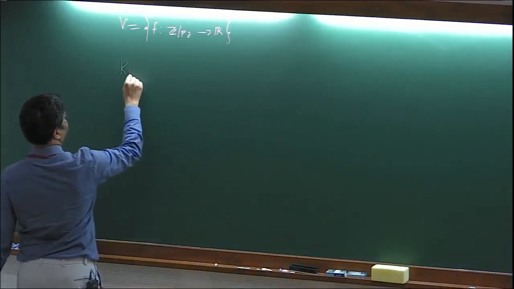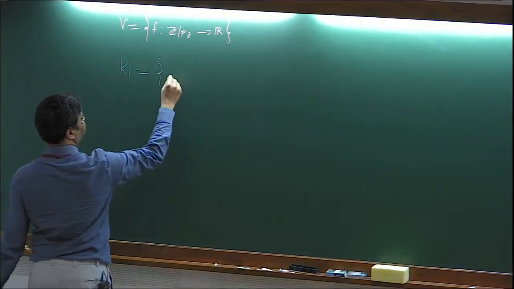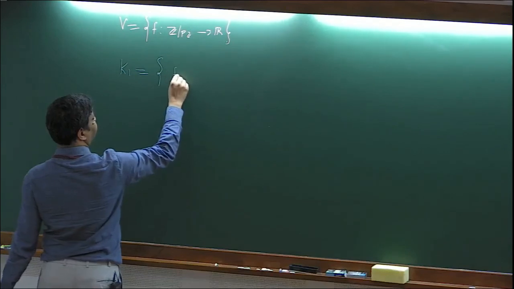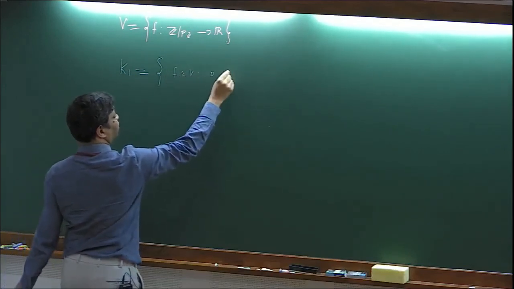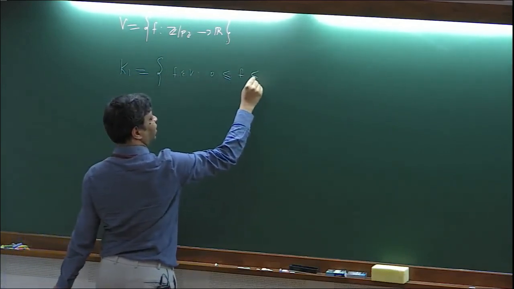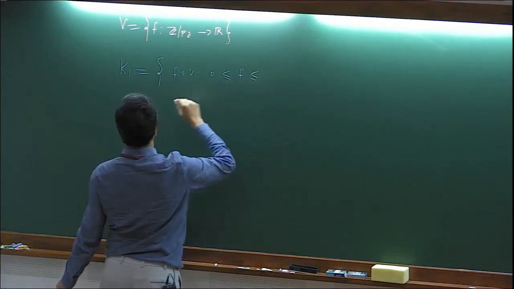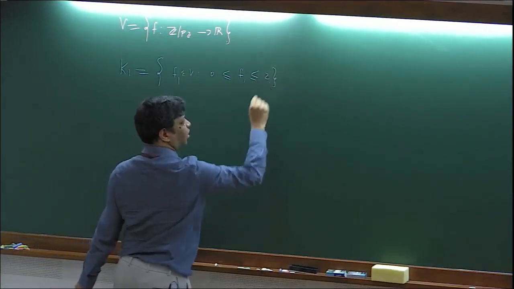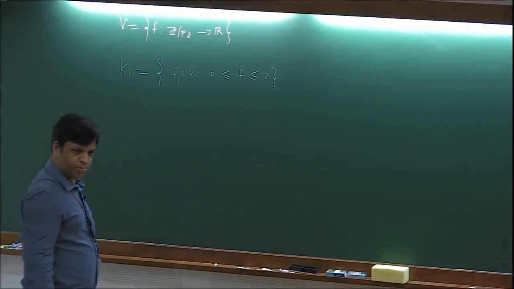And we had a set K1 to be equal to those functions f belonging to V such that 0 is less than or equal to f, less than or equal to 2.